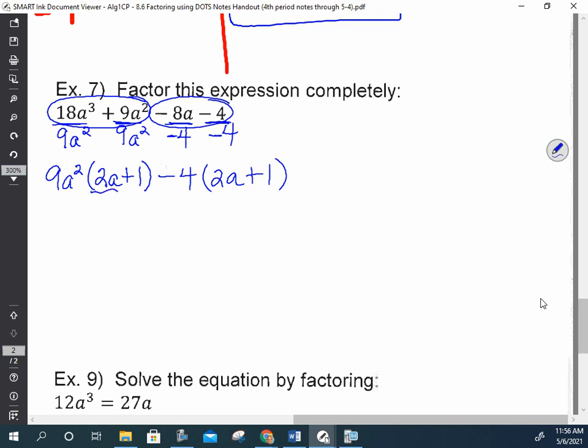Do both parentheses match? The 2 parentheses match? Yes. So, take out 2a plus 1. Divide it out.